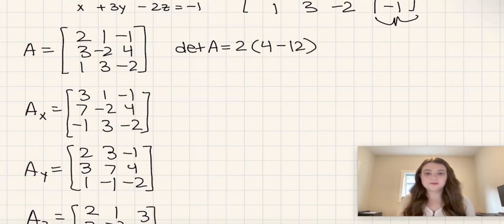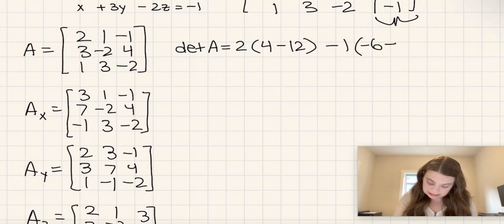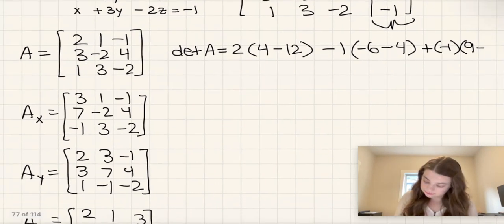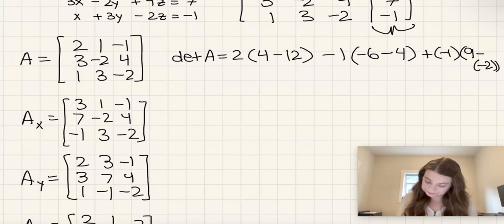And then next we do minus the second one, so minus 1 times 3 times negative 2, so negative 6, minus 4 times 1, which is 4, and then plus negative 1 times 3 times 3 is 9, minus negative 2 times 1, which is negative 2, so minus negative 2 there.